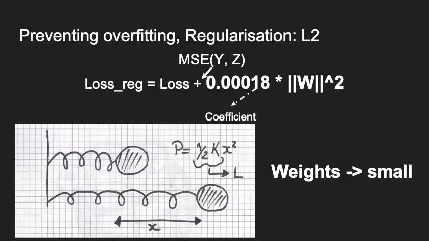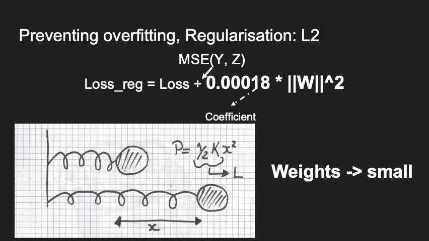There's another regularization that is more gentle, called L2 regularization, and it looks very much like L1. The only difference is that instead of adding the absolute values of the weights, you add the squared value of the weights. That simple difference is actually a very big difference. This is just to give you some intuition, since what's happening inside the network is obviously more complicated, but intuitively your weights start behaving more like a spring.